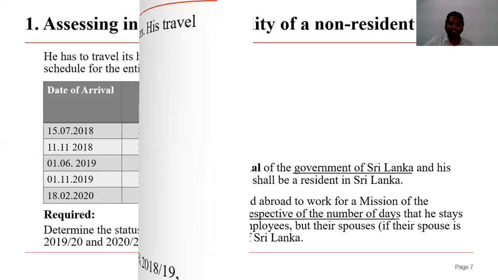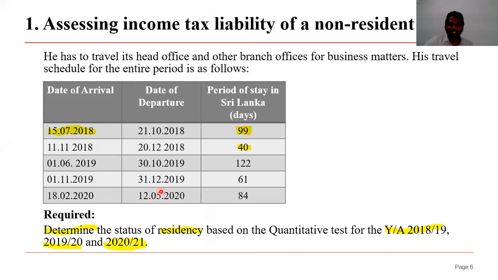Then based on the days they have given, the last date of departure is May 12th. Because we know that he is not coming again to Sri Lanka, this is the last date. Then what we need to do is go backward and see whether he is completing 12 months.